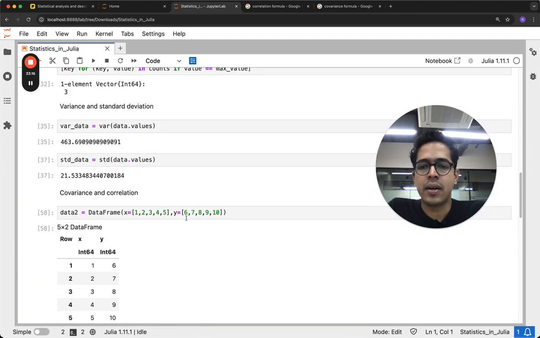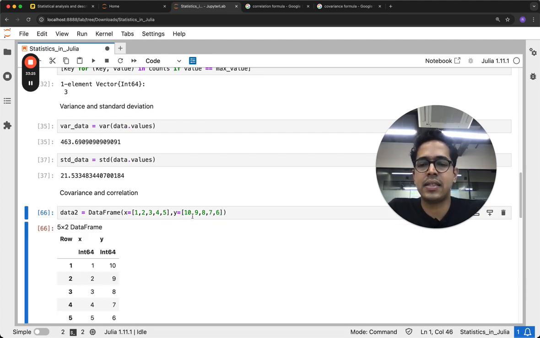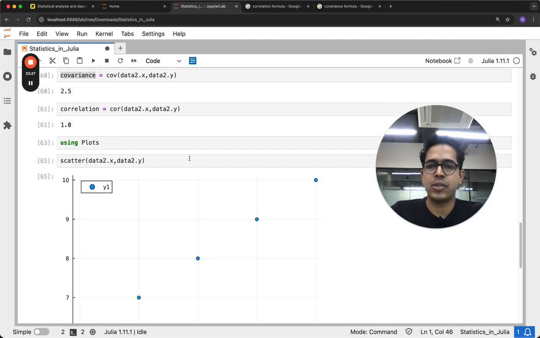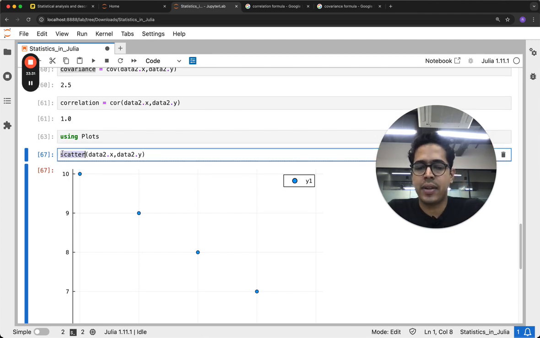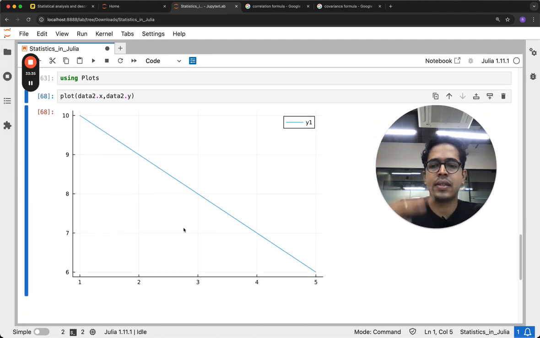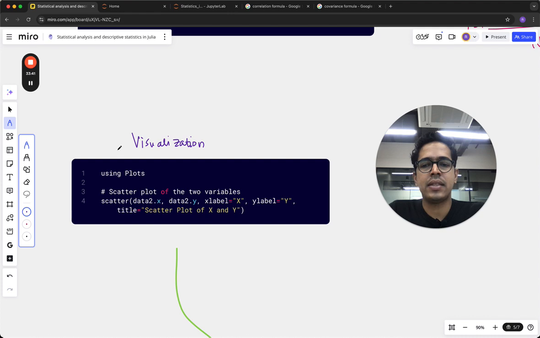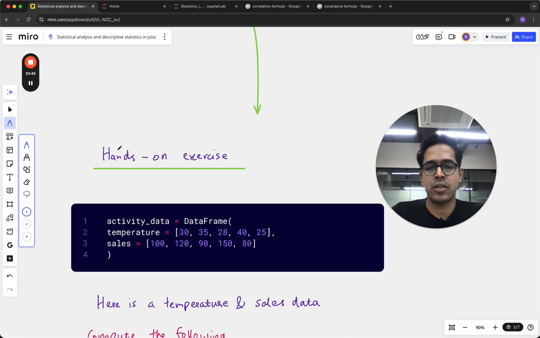However, if it was something like 10, 9, 8, 7, 6, that means when x is increasing, y is decreasing. So after running this, the data should look like this. So this is scatter, and if we type plot, this should be a straight line inclined like this. So there is negative correlation between x and y. As x increases, y decreases. That visualization gives you an idea of the relationship between two sets of variables.